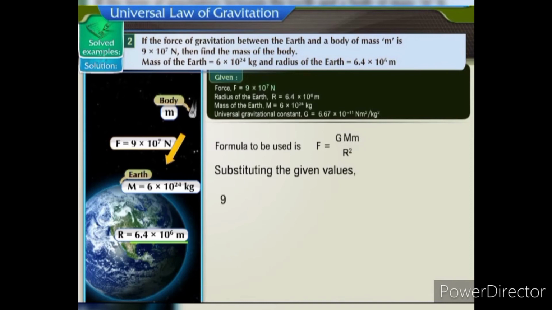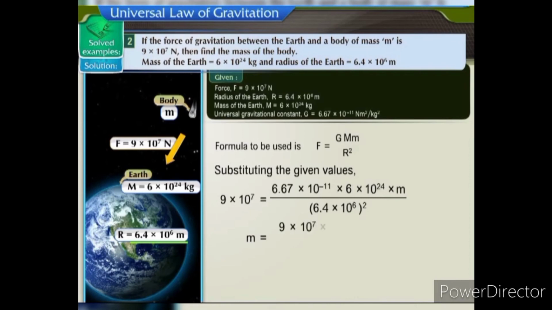Substituting the given values, 9 into 10 raised to 7 is equal to 6.67 into 10 raised to minus 11 into 6 into 10 raised to 24 into m upon 6.4 into 10 raised to 6 on the whole square. m is equal to 9 into 10 raised to 7 into 6.4 into 10 raised to 6 on the whole square upon 6.67 into 10 raised to minus 11 into 6 into 10 raised to 24.